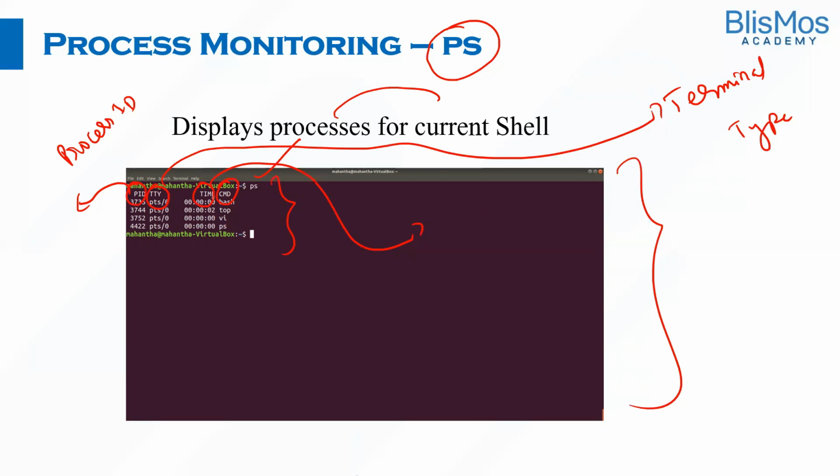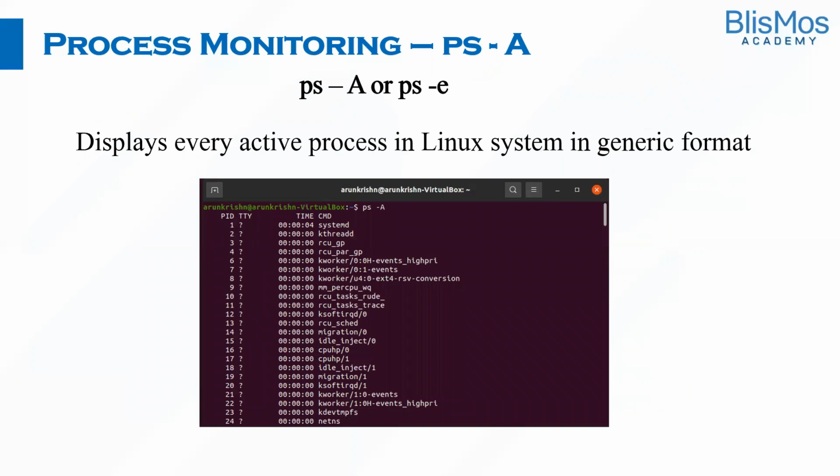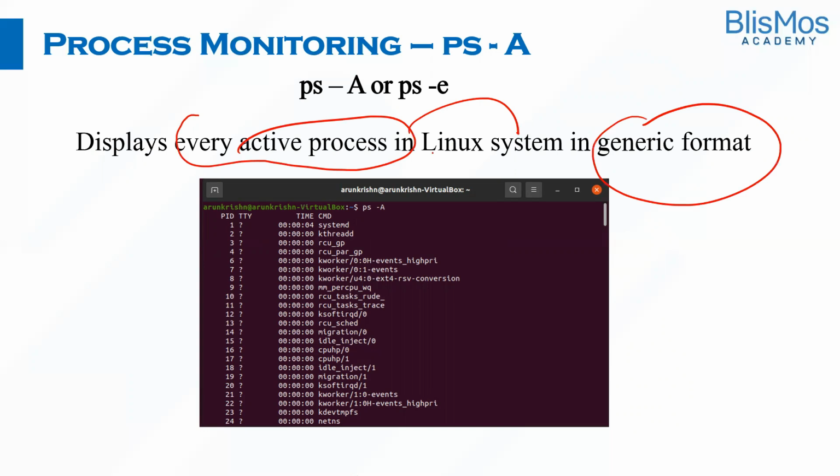Now let us look at the variations. If you observe, when I have executed the PS, we got only 4 processes. If you want to display all the active processes in the Linux system in a generic format, then you can use PS -e, or PS -A.